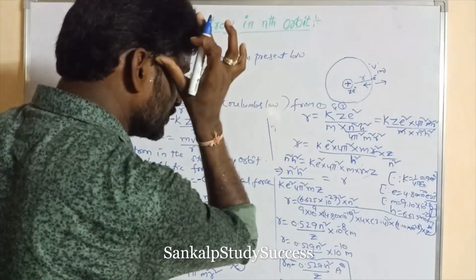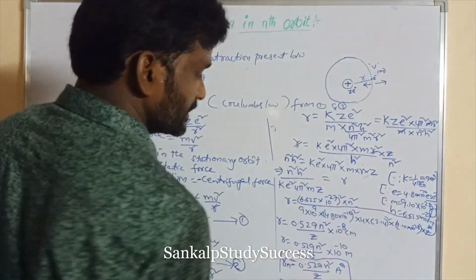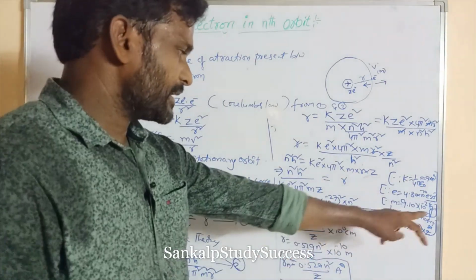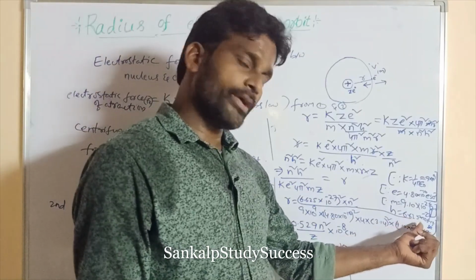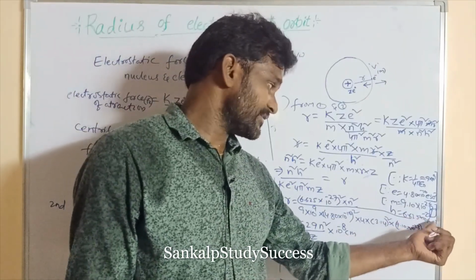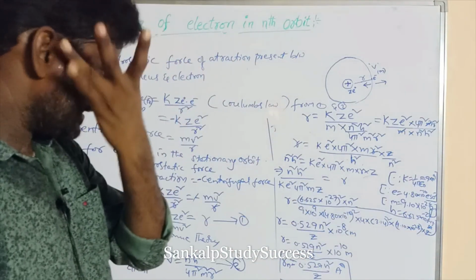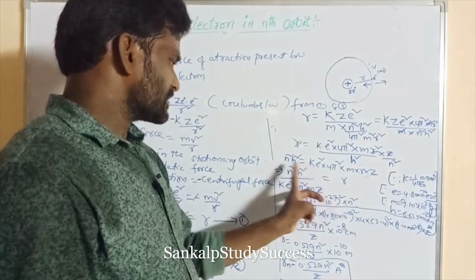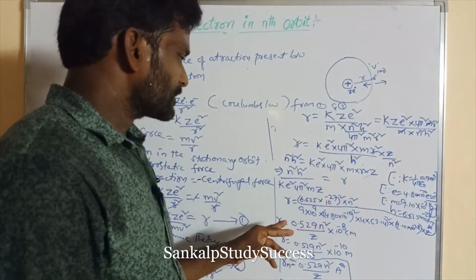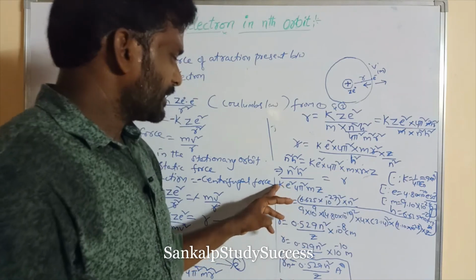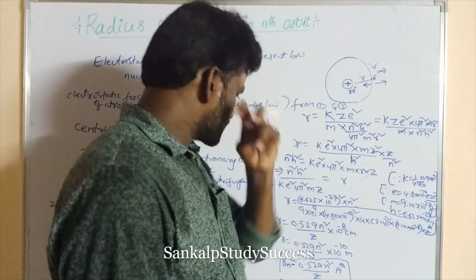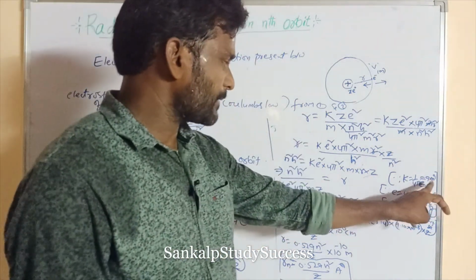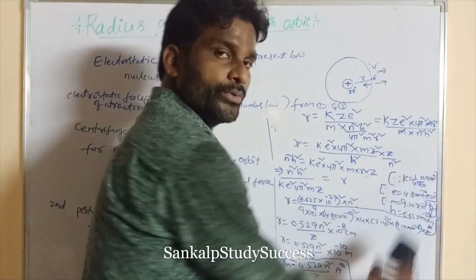What are those values? h is the Planck's constant. Its value in CGS is 6.625 into 10 to the power of minus 27 erg second. Squared, into n square, that's not a constant. k is equal to 1 by 4 pi epsilon, which is equal to 9 into 10 to the power of 9.